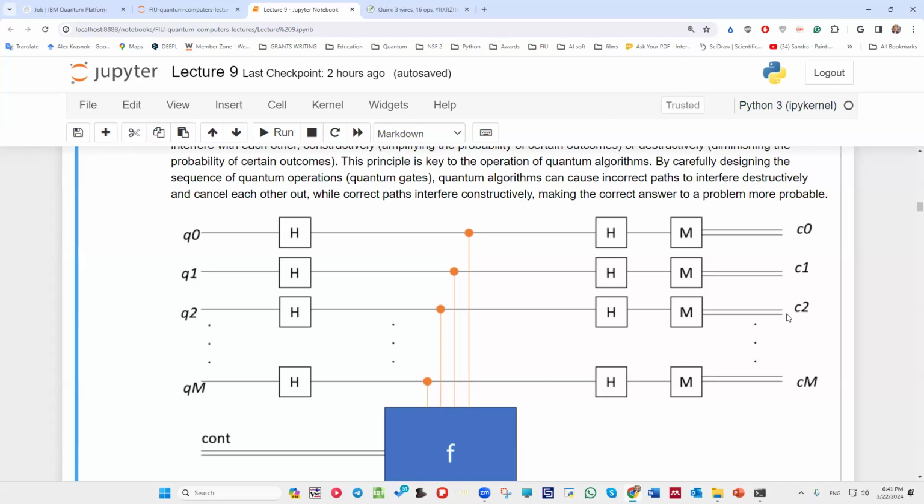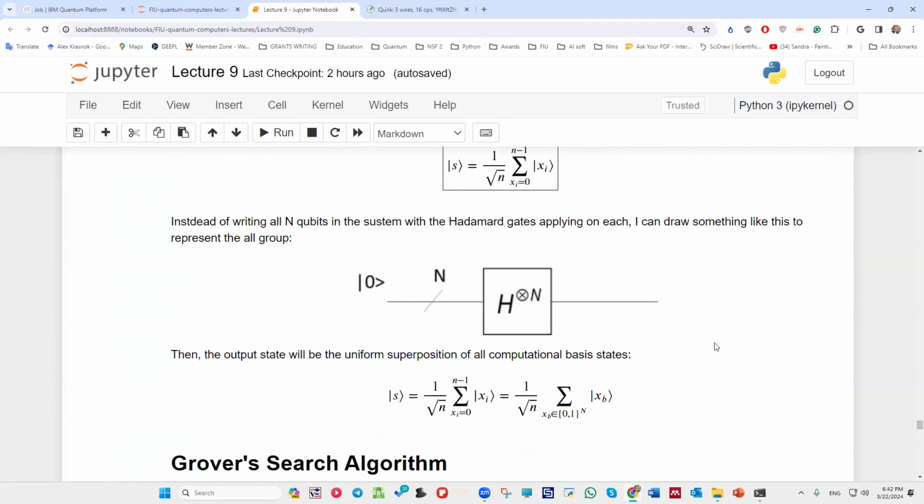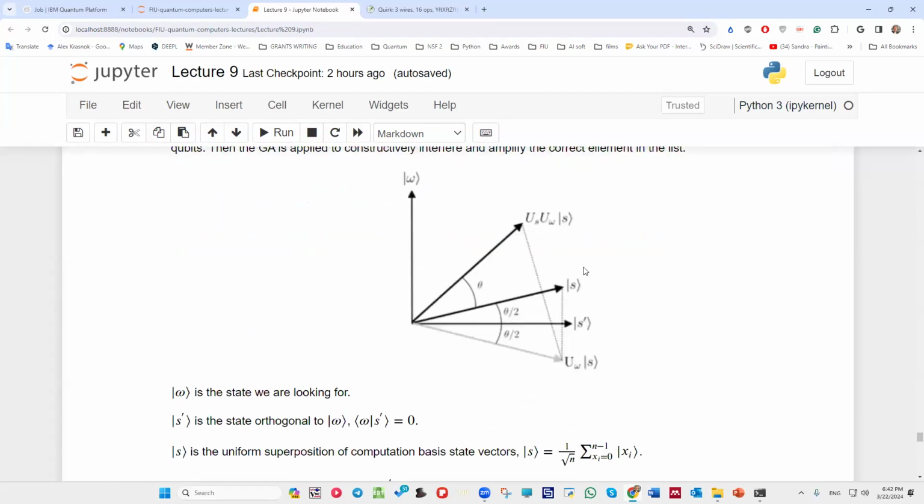For example, we search for this element C2 in the list. So Grover's algorithm increases, through constructive interference, the probability of C2 and destructively suppresses the other outcomes. So this is the idea.